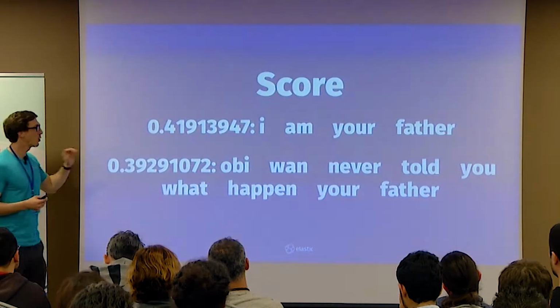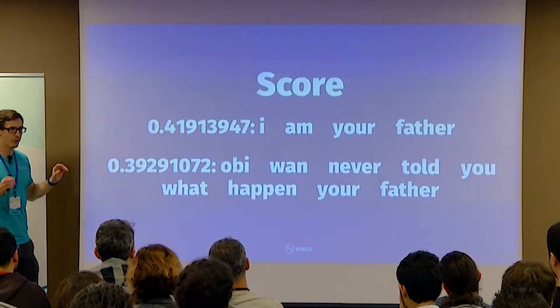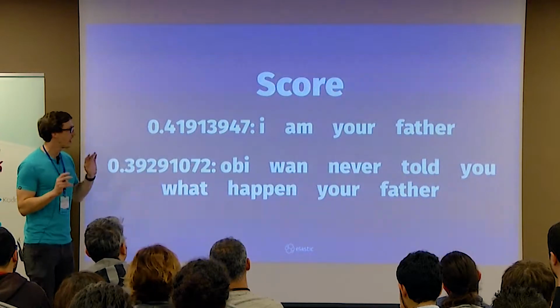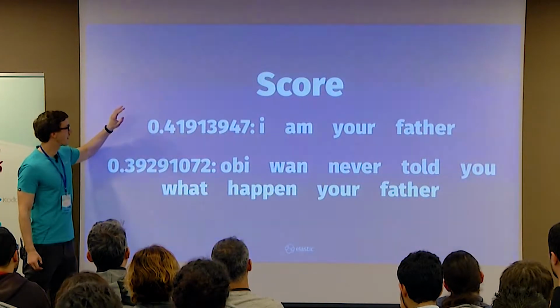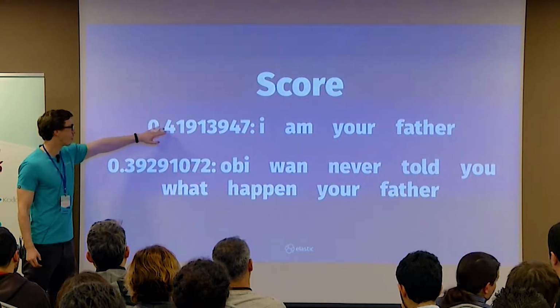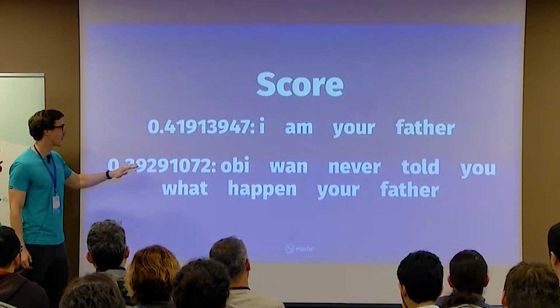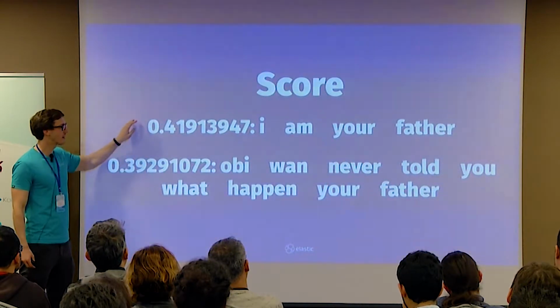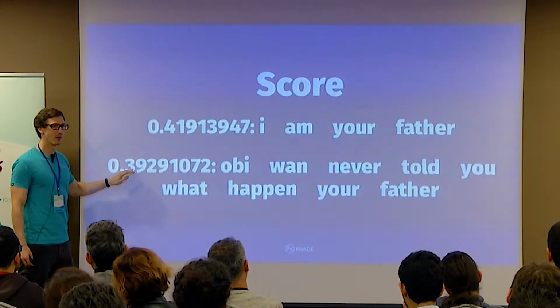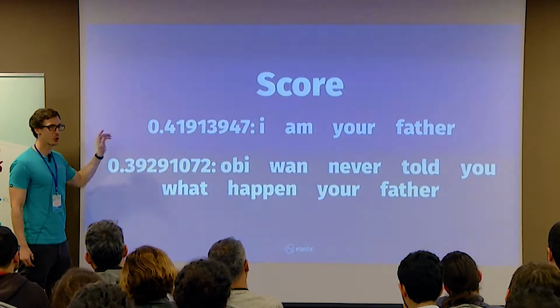So let's assume we're searching for "I am your father". We're searching for father, and we're getting 2 hits back. We've seen that already. One has the score of 4.1 something, and the other has 3.9 something. Why is that one rated higher than that one? Yes, it is shorter.